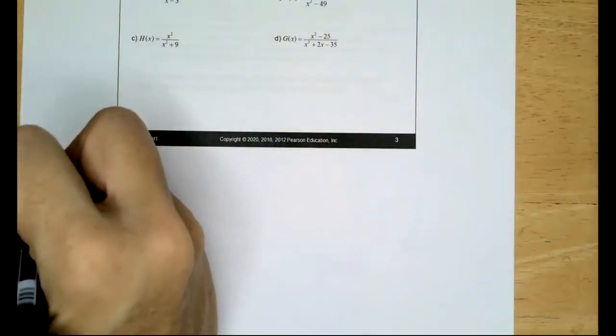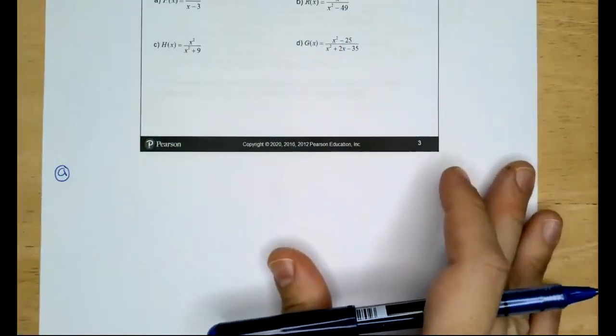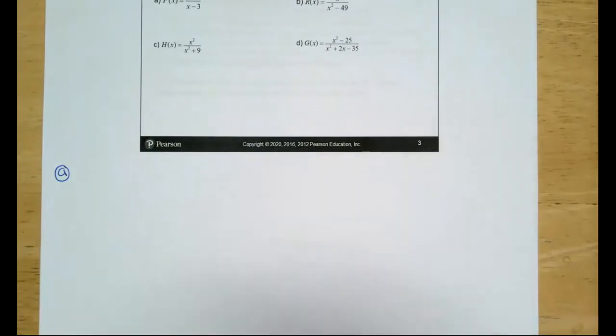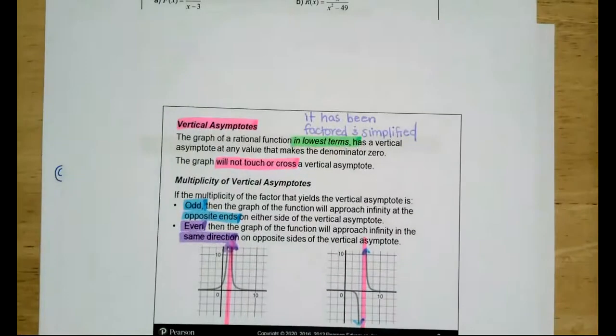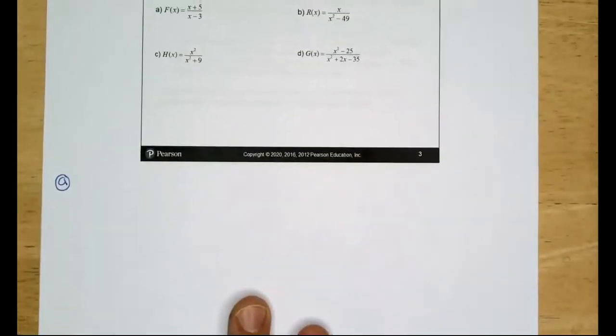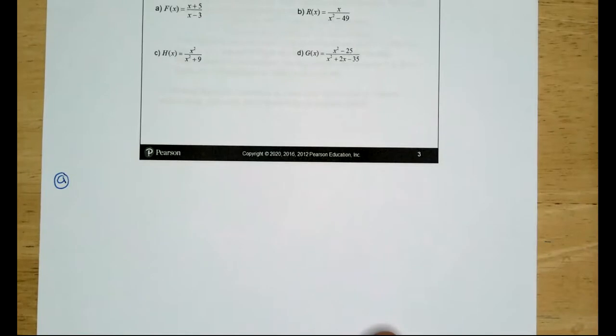For A, we have x minus 3 in the denominator. I want to find the domain. So we cannot simplify, right? It said in lowest terms, okay? So check that you cannot factor or simplify it. We cannot factor or simplify x minus 3. The vertical asymptote will equal the domain exclusion.